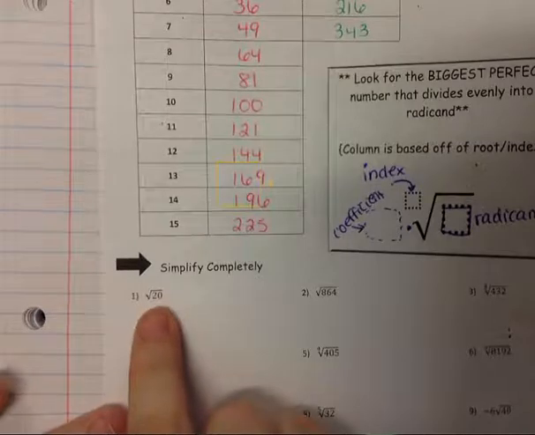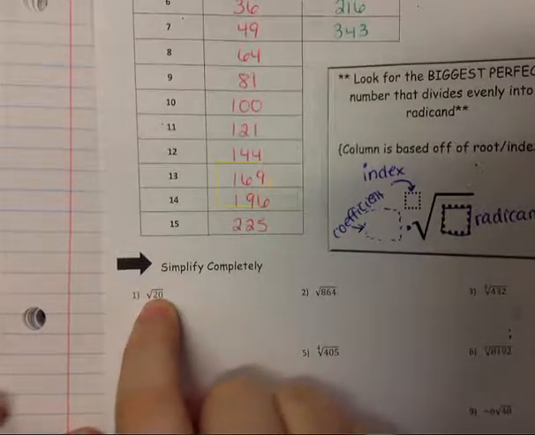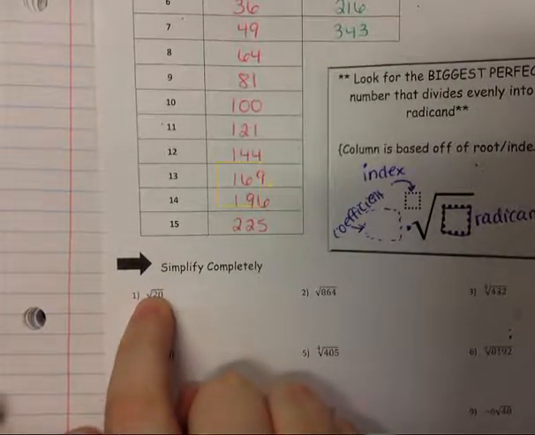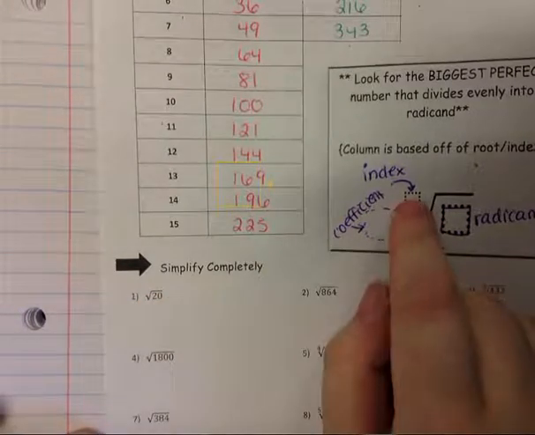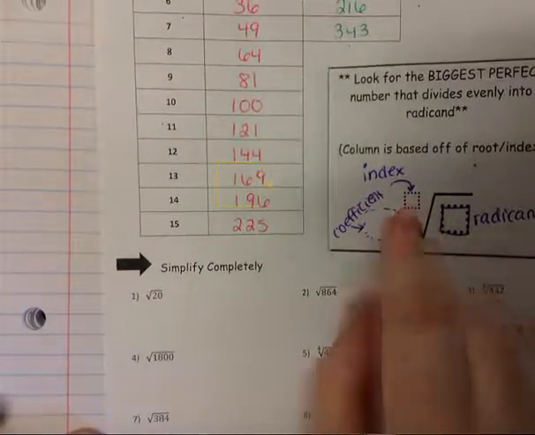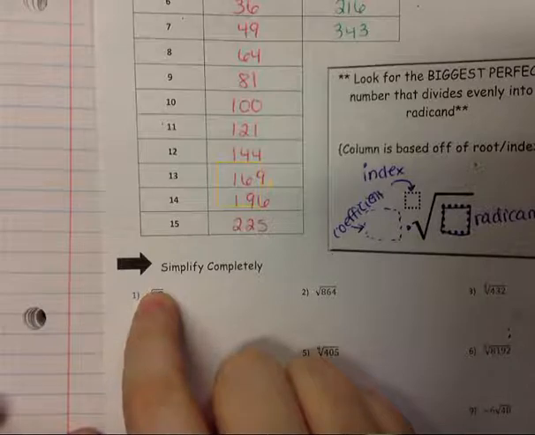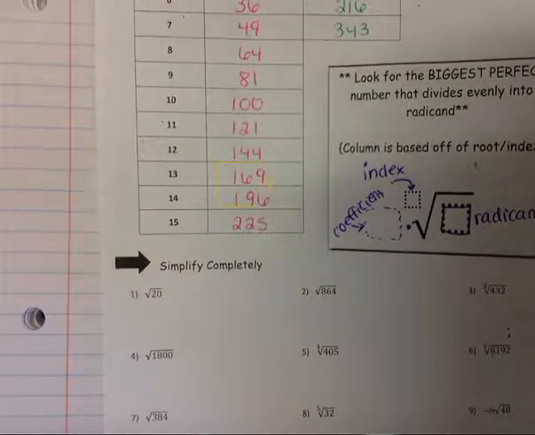On Simplify Completely, we have a radical 20. So this radical, if you notice that there is actually no number inside the index, the number that's actually there is a 2. Just like if you were multiplying, if you had x times something, the number in front of the x would just be a 1. You don't actually have to write it, but it's there.